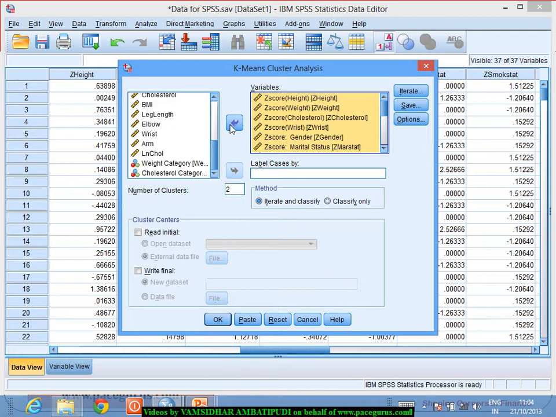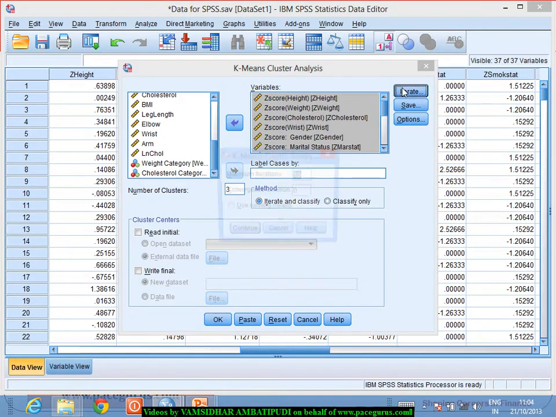So I am just choosing almost all the variables which got created, and I am saying I want three clusters. You can specify how many clusters you want and how many iterations you want to be performed.